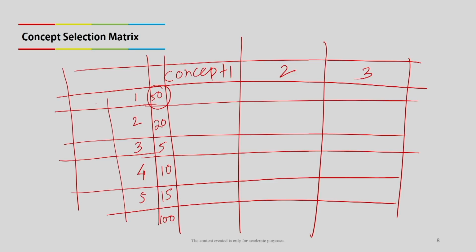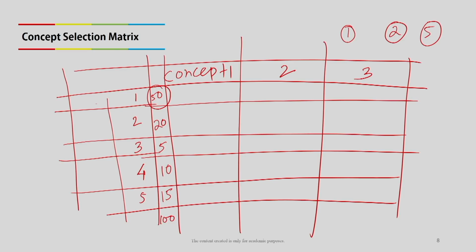Now, for concept 1, 2 and 3, you also have to rank. So, for example, 1 is bad, 2 is moderate and 5 is a good product.